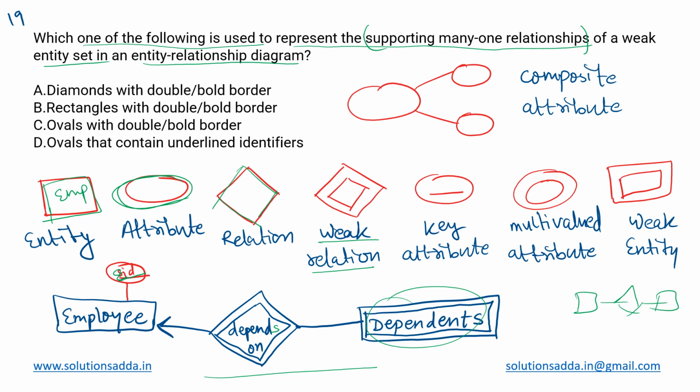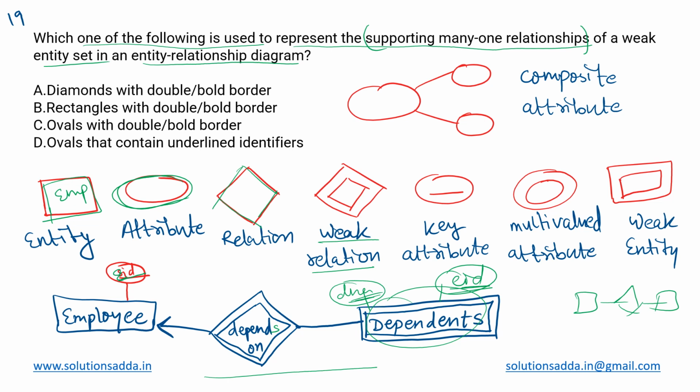But for a dependent, you cannot have dependent name or employee ID as the primary key, because it is possible that an employee has multiple dependents, or an employee has no dependents, or an employee has a dependent with a unique name. None of these things can be possible for independently standing out as a strong entity.